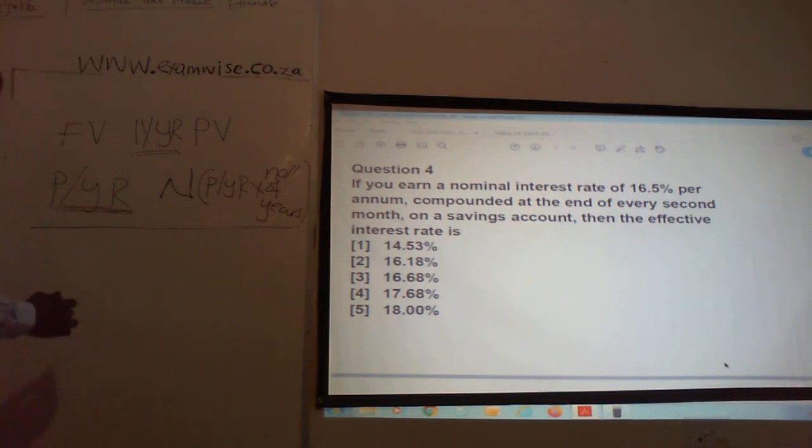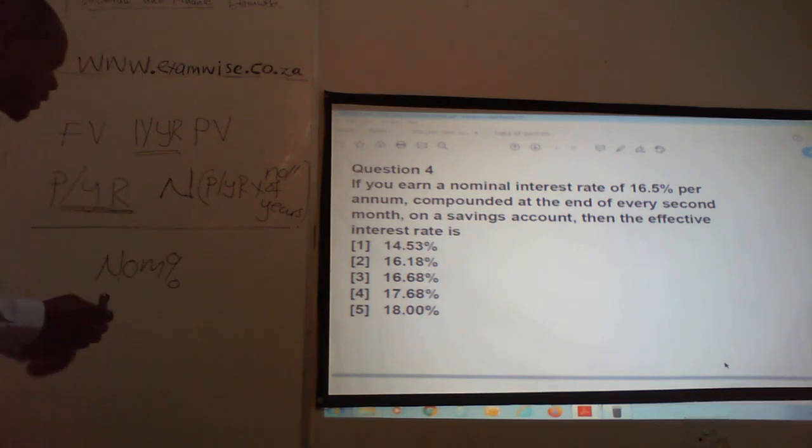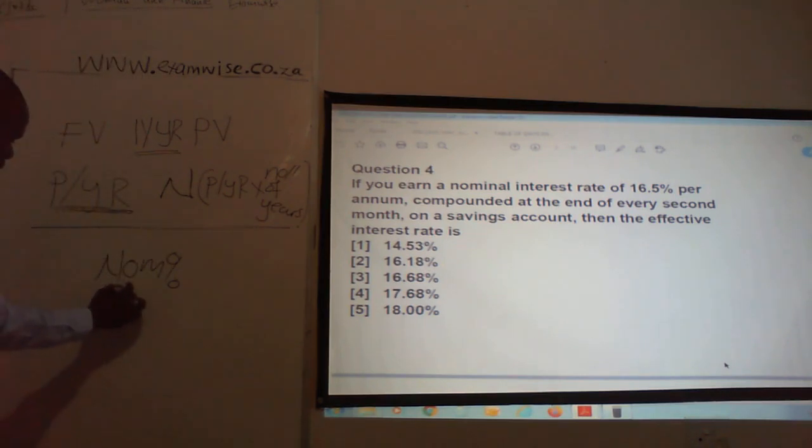So to calculate our effective interest, we need our nominal interest. That is the first variable which we need. And then the second variable which we need is P over YR.